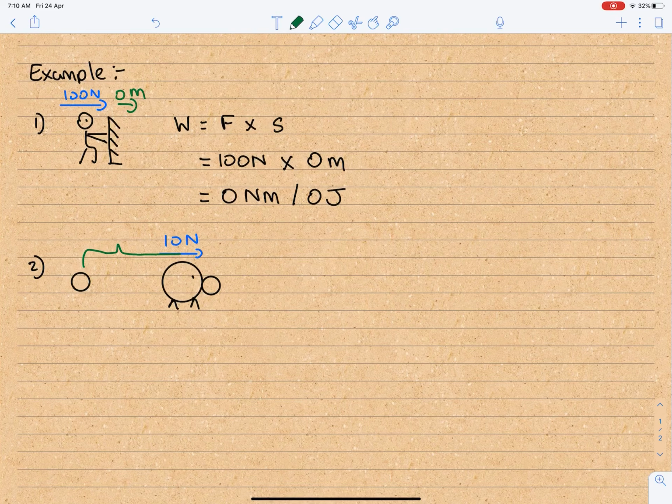So the amount of work done by the dog is W is equal to force times displacement. So you will get 10 Newton times 5 meters equals 50 Newton meter or 50 joules.